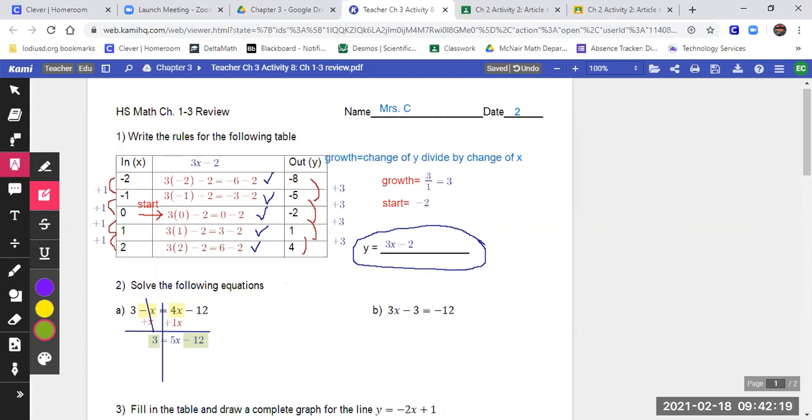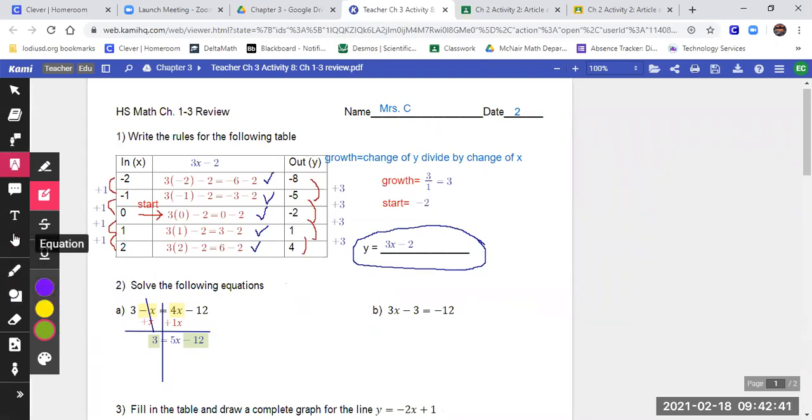The negative 12. So how are we going to big zero a negative 12? Add 12 to both sides, exactly.